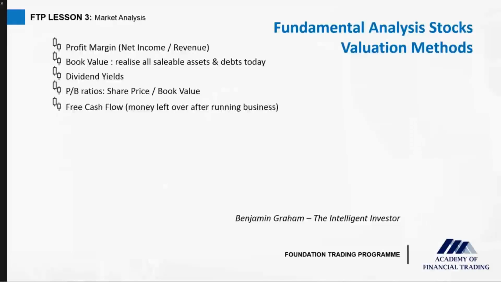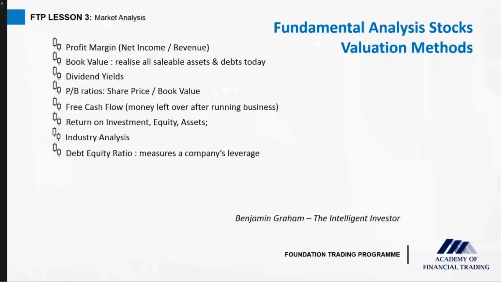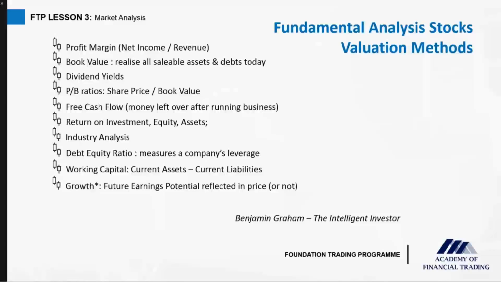We've got free cash flow. We've got return on investment, or your return on equity or assets. You simply get your net income figure and divide this by the investment, equity or assets that you hold. You can use industry analysis, debt equity ratios, and look at working capital. As you can see, a whole range of different methods of valuation.